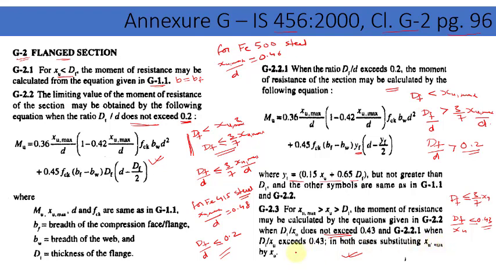Similarly, when your dF by XU exceeds 0.43, you can apply this formula by replacing XU max with XU. So even if you do not know how those formulas have come, if you know the logic behind them, you are going to get the same expression we have derived and whatever has been prescribed in the code.